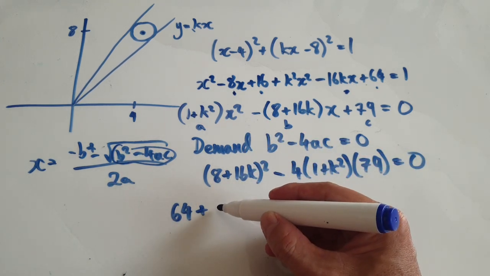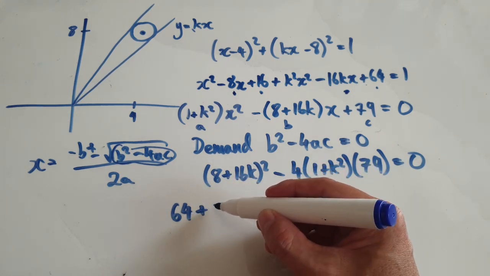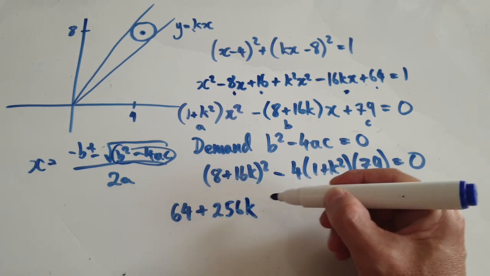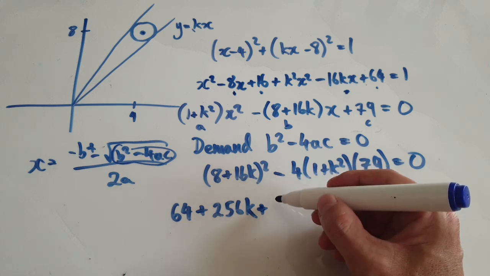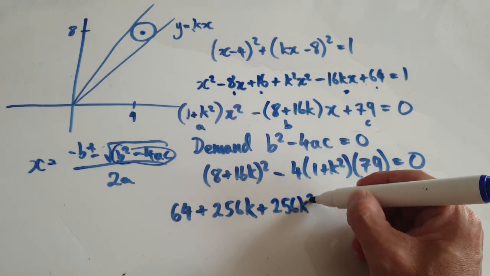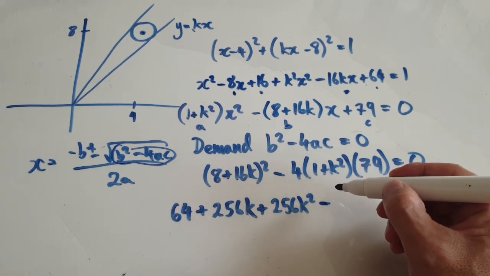I'm just looking at my notes here. So if you multiply this thing out, it will give you 64, plus 256k, plus this thing times by itself, which will be 256k squared. I'm hoping it's correct.